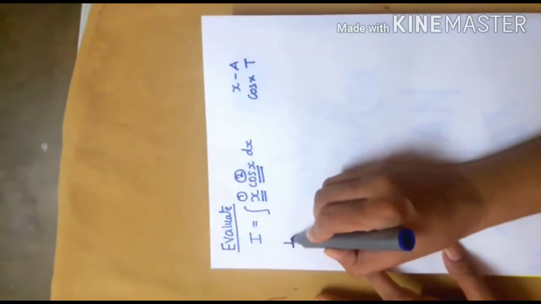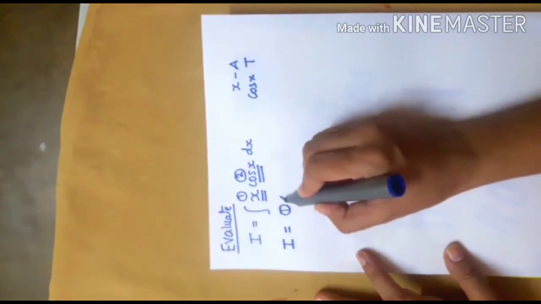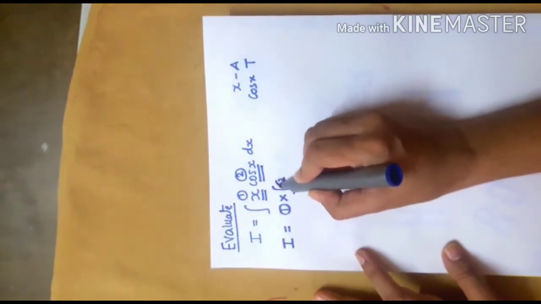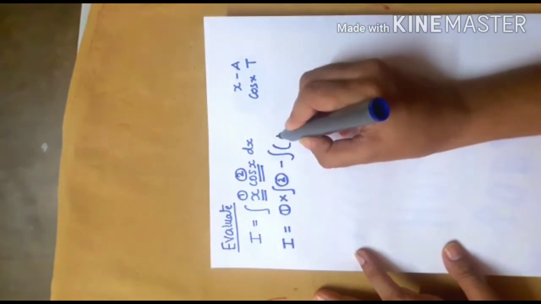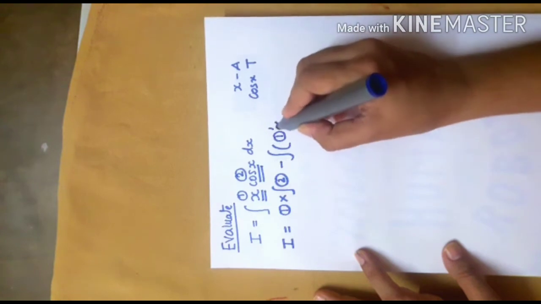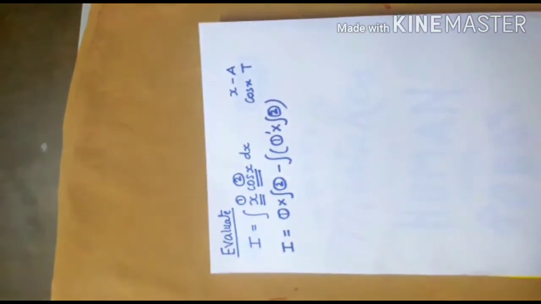Now integration by parts says that first function into integral of second minus integral of derivative of first into integral of second, right?